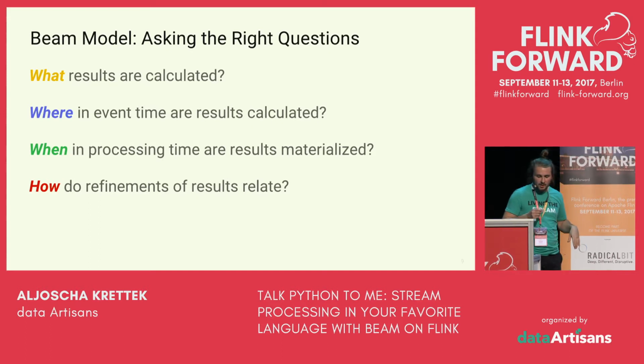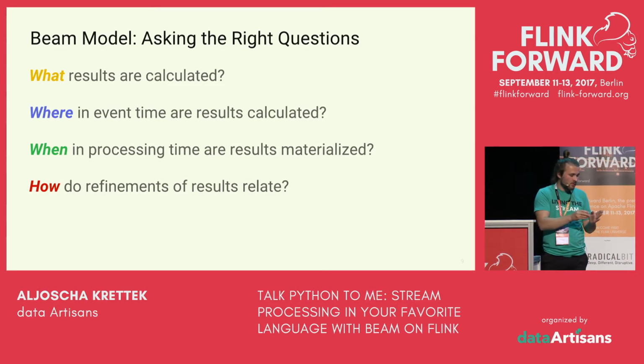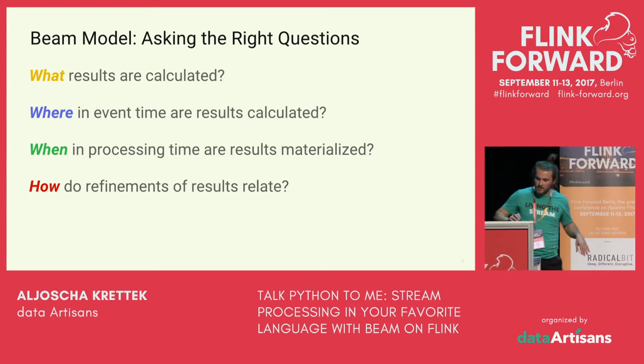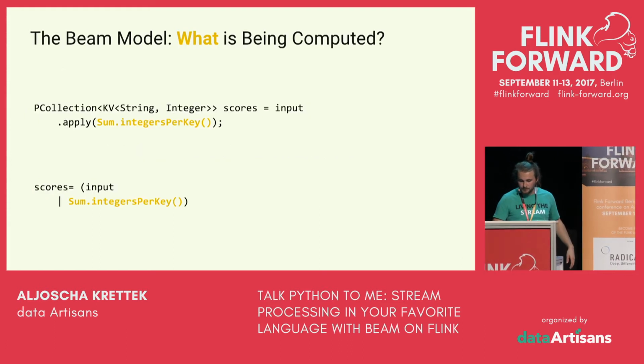We'll see an example in a minute. And how, sounds quite abstract, but how is the question of what happens if you have late data, or how do subsequent results of computations relate? So we'll see an example that makes this very clear in a bit.